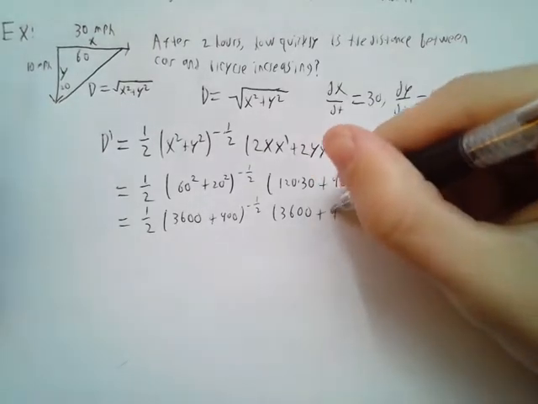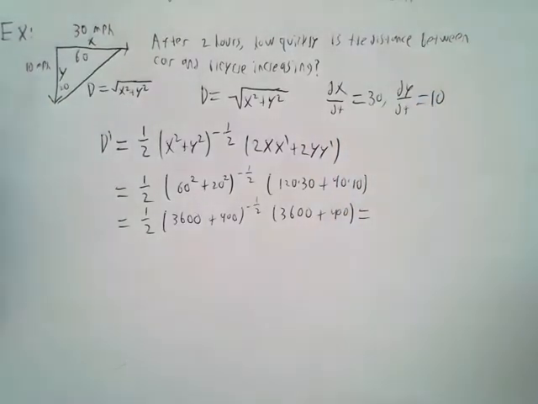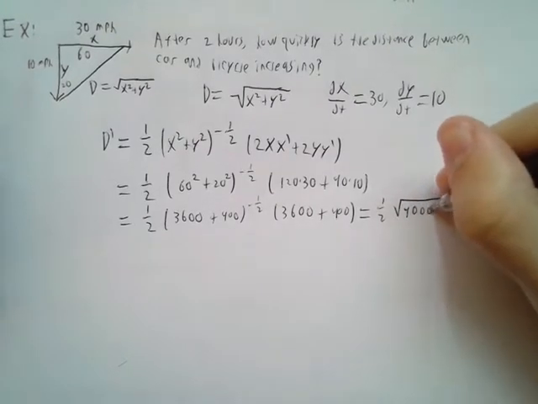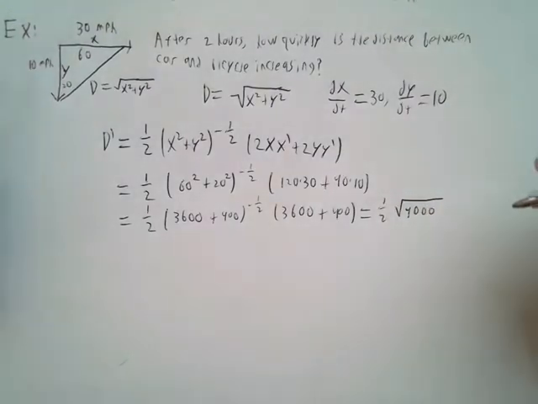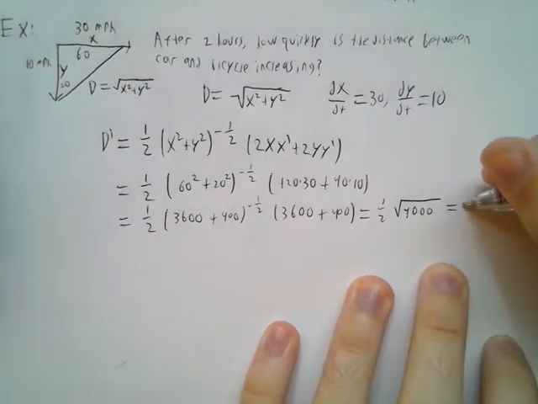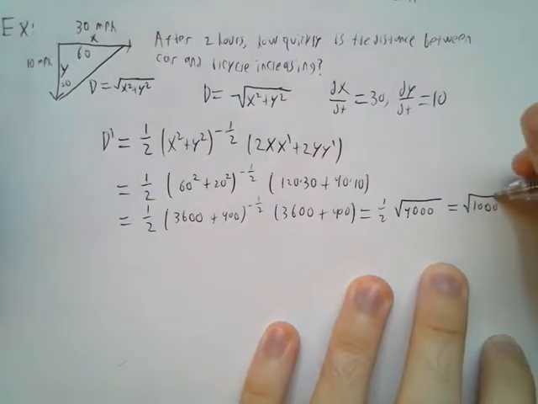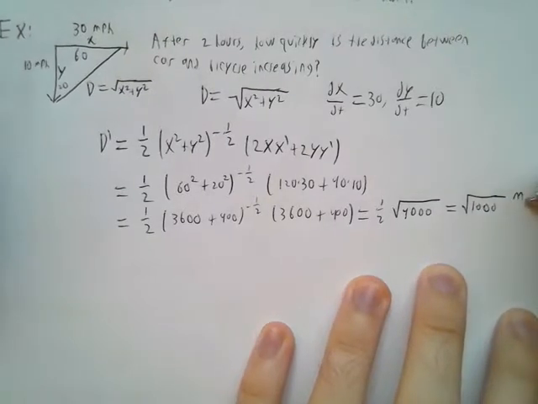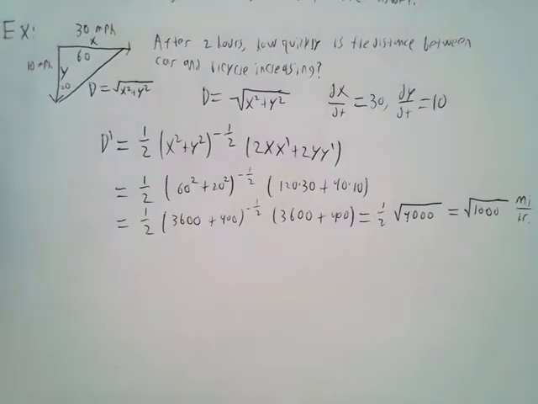So it turns out that we get 1/2 square root of 4000. And you could probably simplify this a little bit, pull out a 4 or something like that. So it'll become just square root of 1000. And this is in miles per hour. Okay, so that's how we solve that problem.